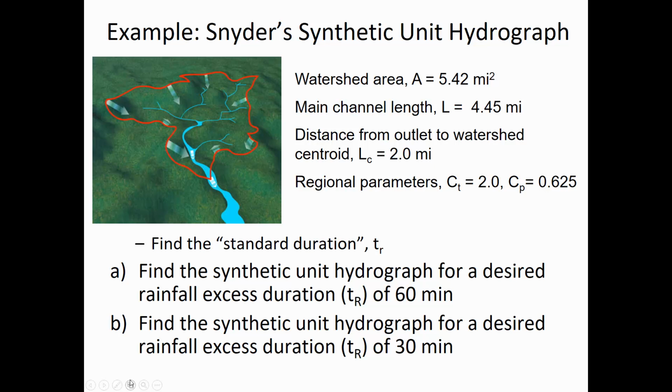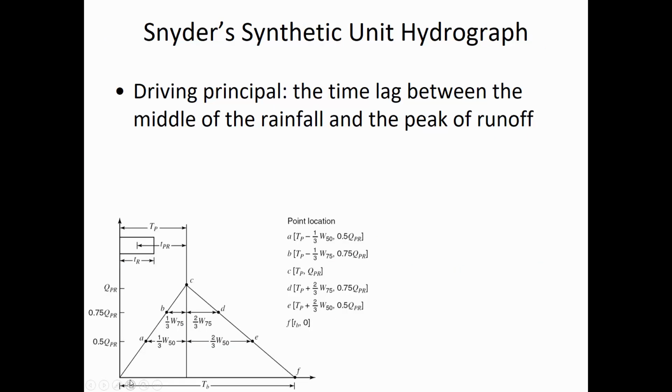And the last thing that we have to calculate now is the T sub P. So we know T sub B, we know the width of that base, we know the peak, so the Q sub PR we calculated was 551.9 CFS per inch.